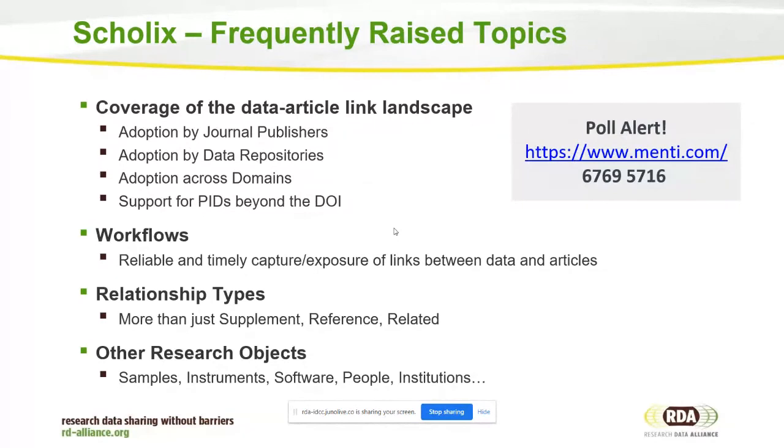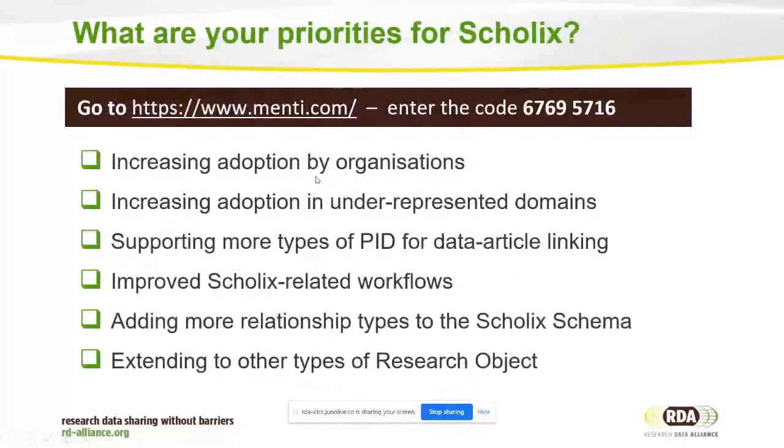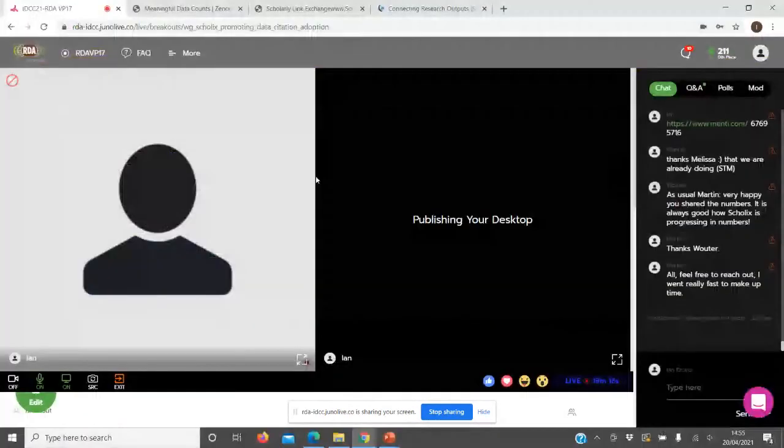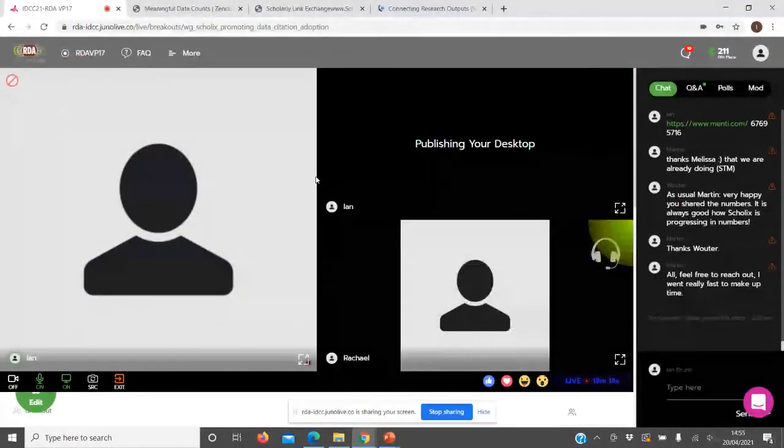The poll questions are really to get your thoughts on what some of those priorities might be. And I'm hoping Rachel's been monitoring the poll and we'll have an idea of whether people have been adding their responses to it. Rachel, are you there? Yes, I am, and I have been. Let me see if I can quickly share the poll results on my screen.